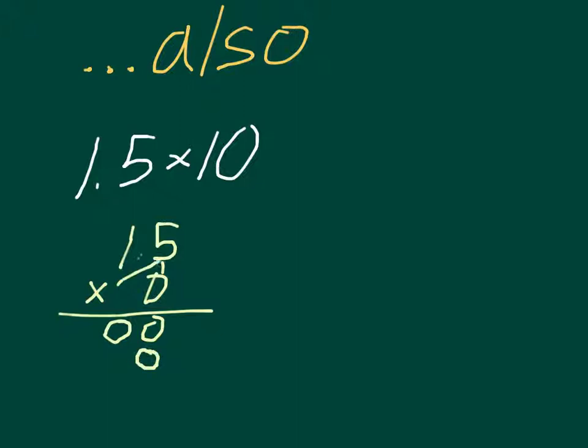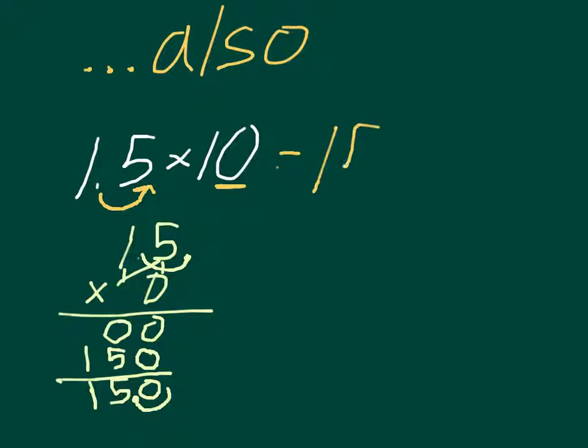Then 1 times 5 is 5, 1 times 1 is 1, and add those up, and then I remember that I have one decimal place here, which means I need one decimal place here, 15. But the quicker way to get that is to say, look, I want to multiply by 10, which means I'm going to move this decimal one place to the right. So I get 15.